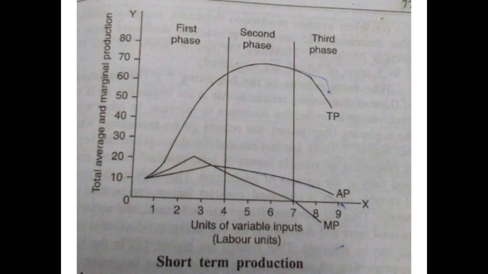Variable inputs, meaning changeable inputs that we are using, are less. Factors of production cannot be used fully in the process of production. So we are gaining more returns. Therefore, as the proportion of inputs is increased, constant factors can be used in a better manner.